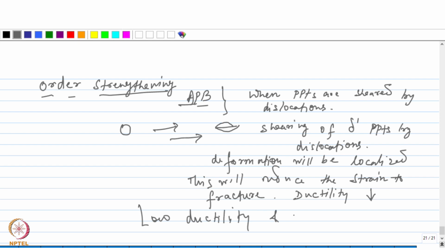And this was the major reason as to why these alloys did not really take off even after having favorable properties, particularly with regard to the strength to weight ratio. This was due to this low ductility and fracture toughness.